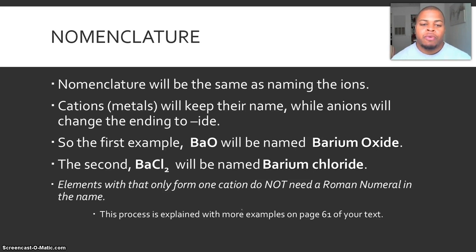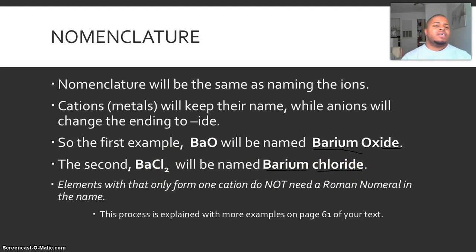So, the example we had first, we have BaO, or barium oxide. We kept the metal name the same, and changed the ending on oxygen to oxide. Now, what about our second example? Still dealing with barium, so the name, barium, stays the same, but now we have 2 chlorine. We're going to say barium chloride.